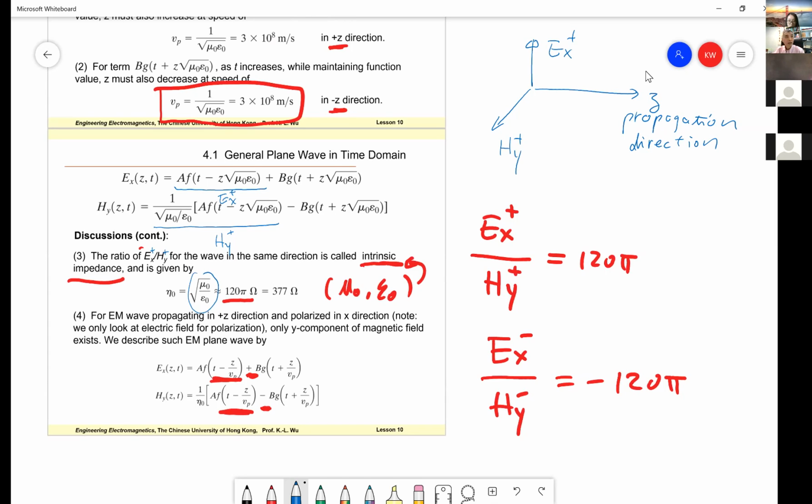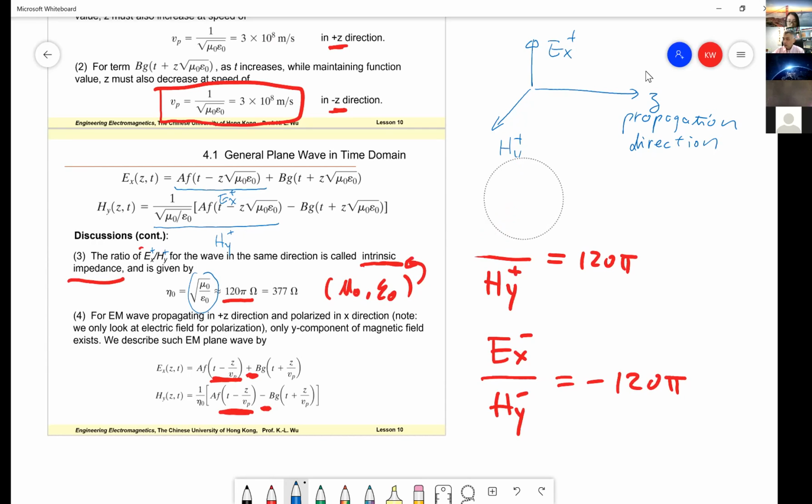Later on we will learn that it follows electric field cross magnetic field, E cross H. The thumb points to the propagation direction. Or you may be interested in my glove. My technician bought it for me. It's very special, so my hand can touch the touch screen so that I won't get infected. All right, so this is the case.